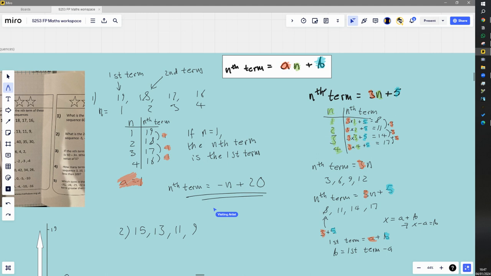Now, what the n means is whatever term in the sequence it is. When n is 1, we're talking about the first term. When n is 2, we're talking about the second term. So if we drew out a table, let's go back to the first case, where that was the sequence, then n is 1, n is 2, 3, 4.